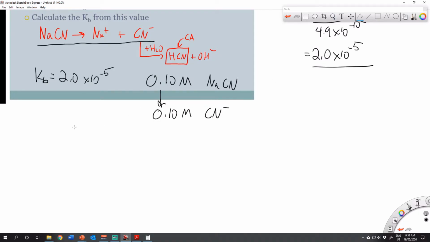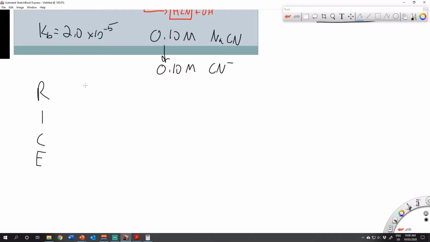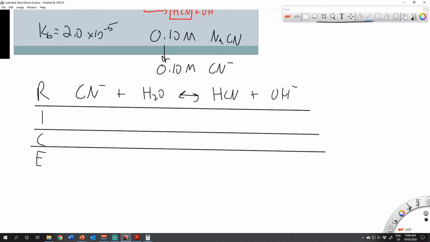This will become important because when we create our RICE table, we're going to use the following reaction. The CN minus plus water is in equilibrium with HCN and OH minus. I'll put it in a table so it looks a little neater.